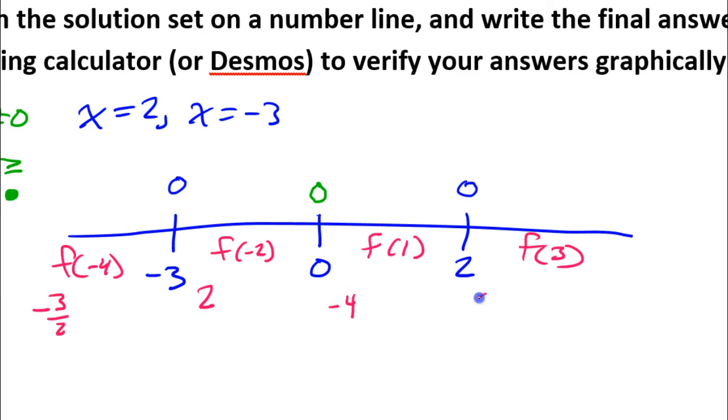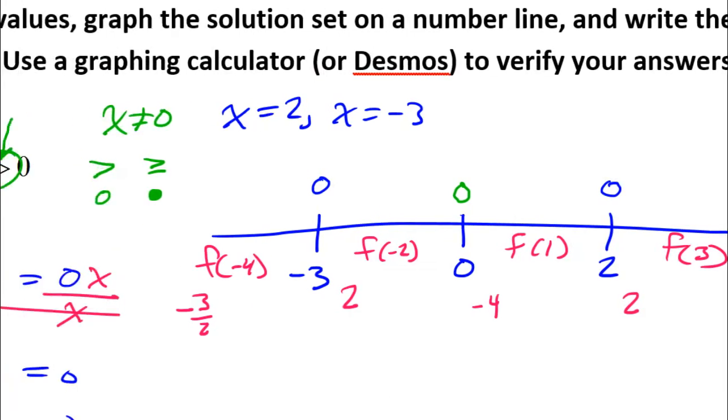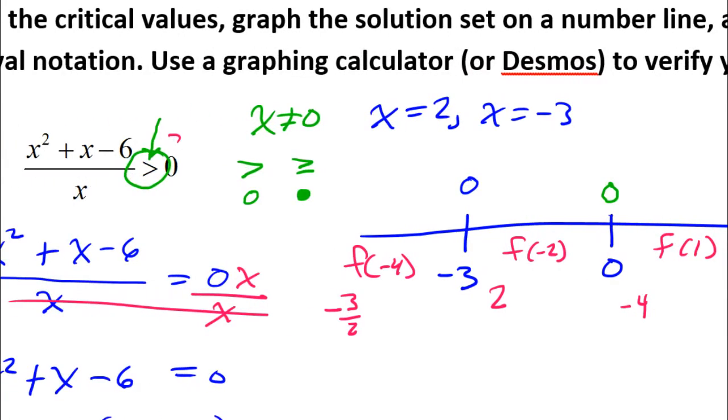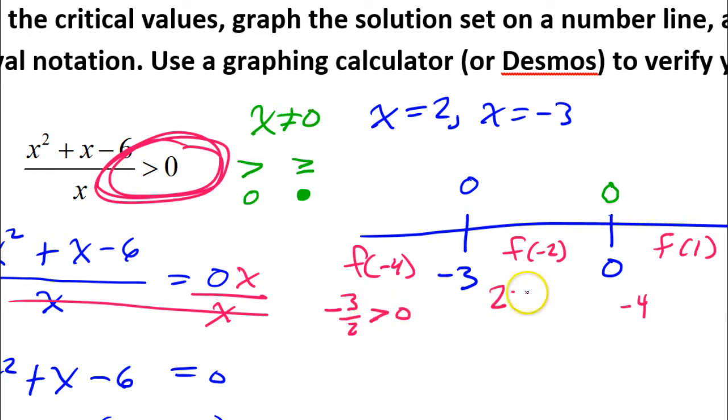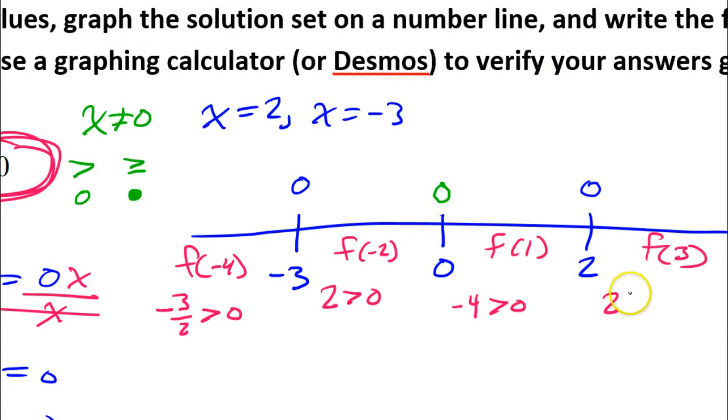Now in this case, we're asking ourselves if the function is greater than 0. It's not always 0 here, so don't just always do 0. But this time, greater than 0 is the question. Greater than 0, greater than 0, greater than 0, greater than 0, question mark. So, what's the yes-no pattern?